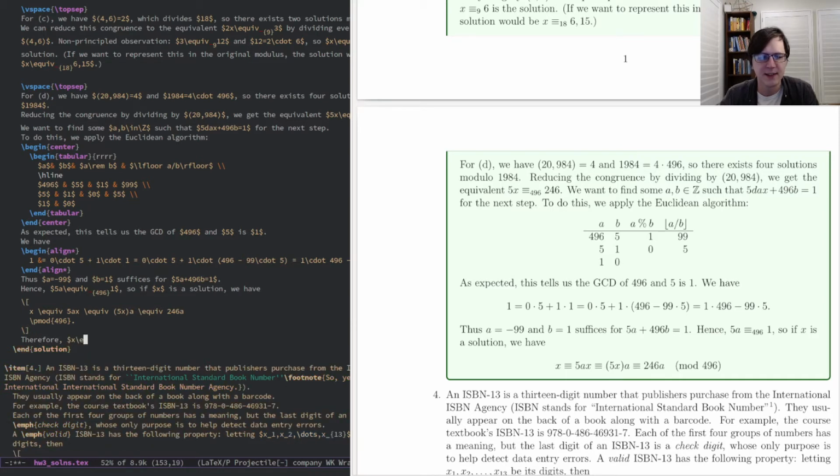So x is congruent to minus 99 times 246 mod 496.